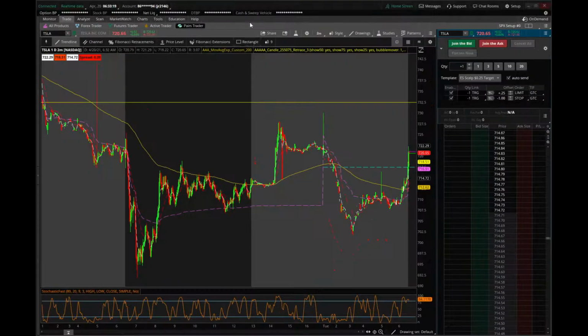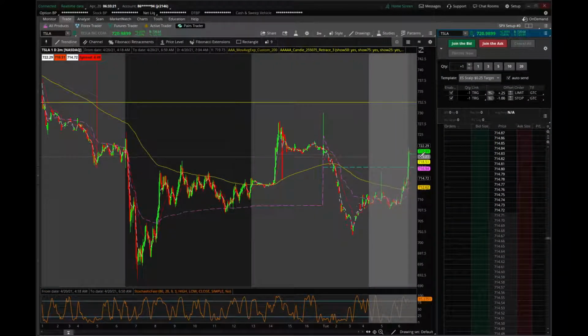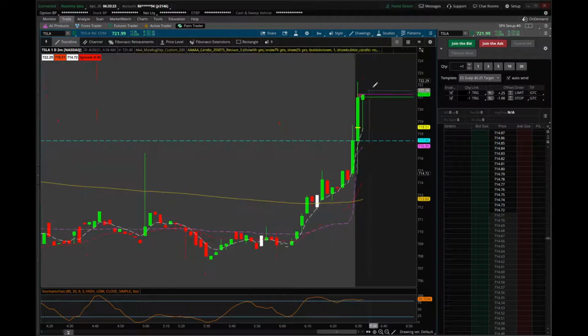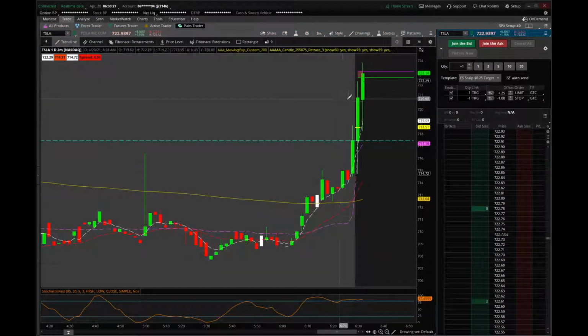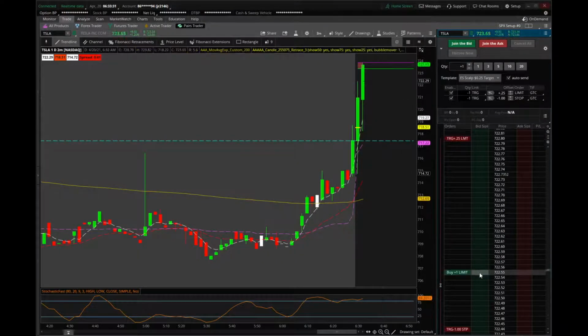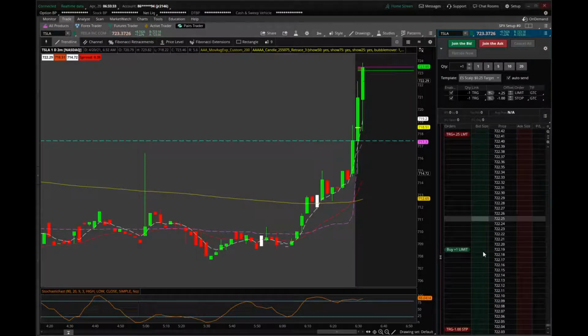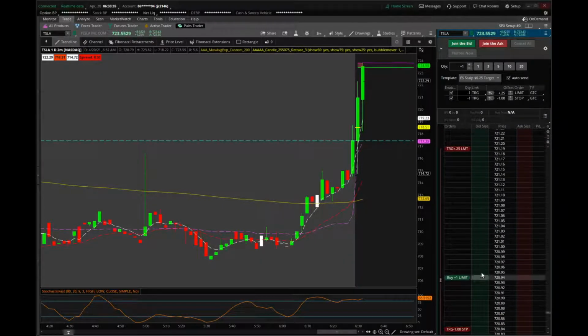Okay, let's take a look at Tesla. Okay, here's a great example, watch this. I like this body, 721. So I'm going to come down here. I'm going to look for a quick little pullback to that 721 level.